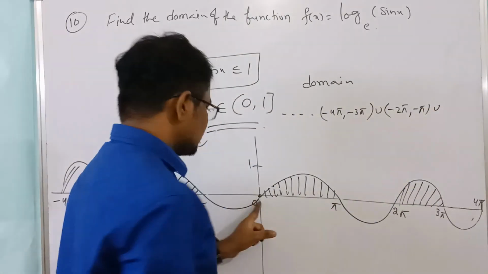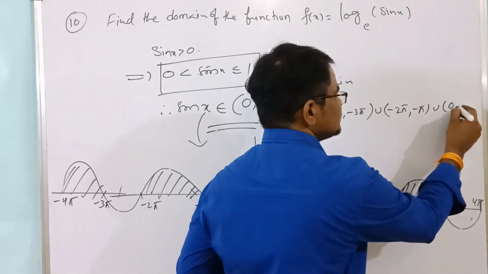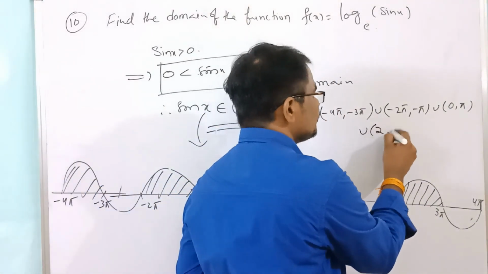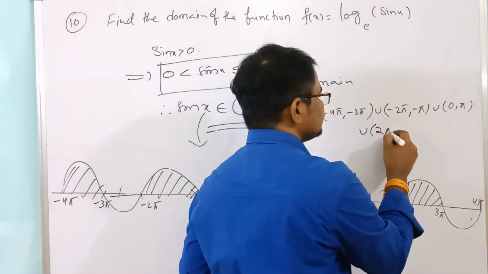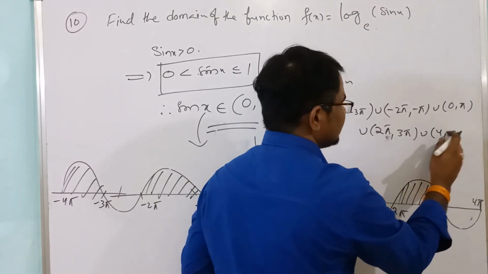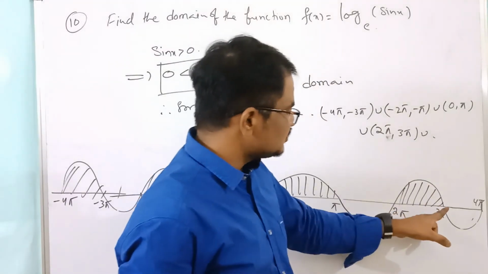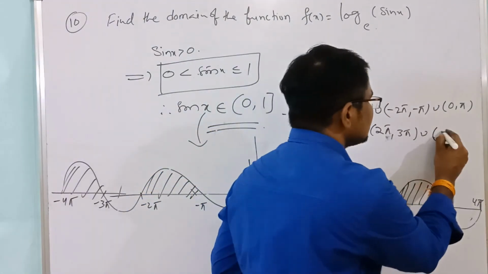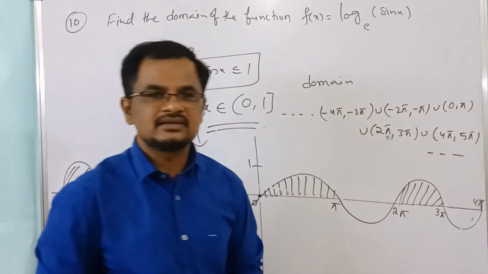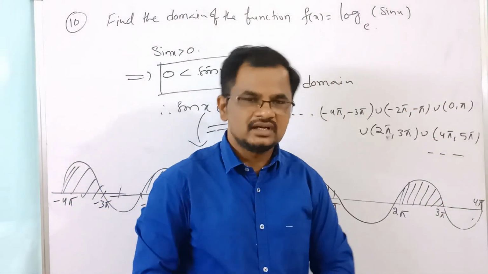Union, here one more interval is there, 0 to pi. Union, here 2 pi to 3 pi. Next again 4 pi to 5 pi, and so on. Like this, infinitely many intervals you will get.